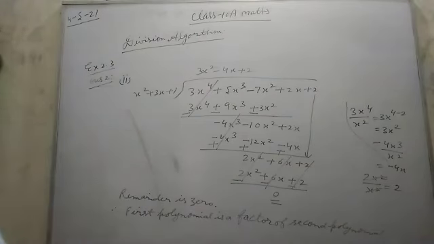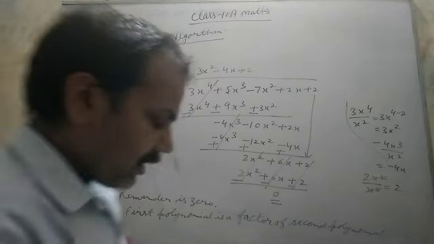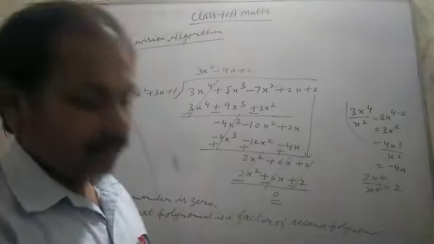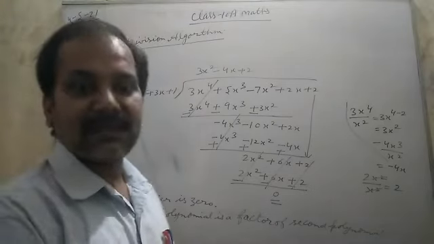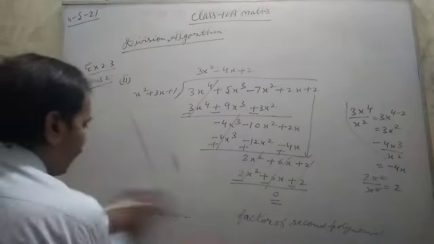Okay. Then question number 3. So in question number 3, obtain all other zeros of the polynomial if two of its zeros are root 5 by 3 and minus root 5 by 3. Means two zeros are given and the remaining two zeros are asked. Okay.